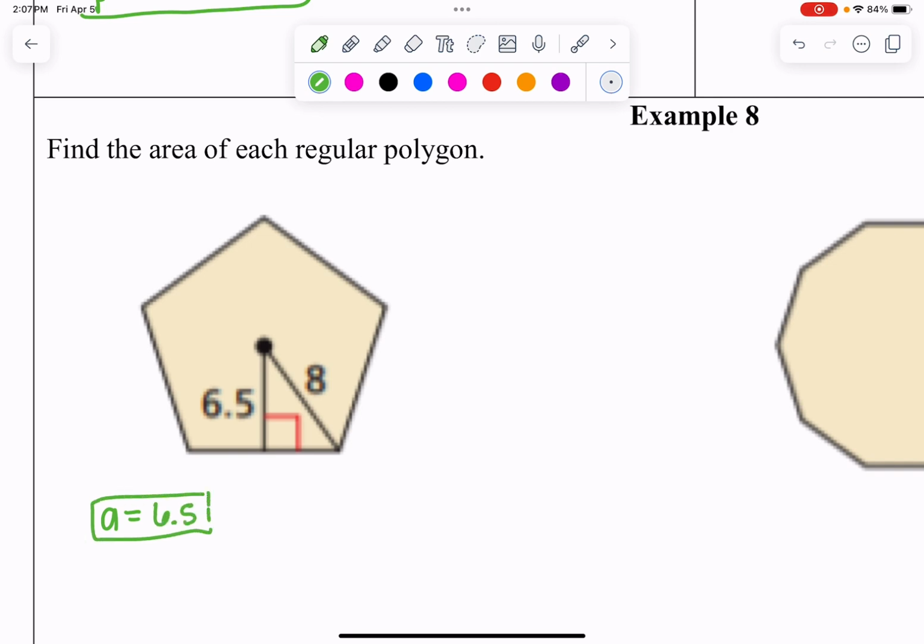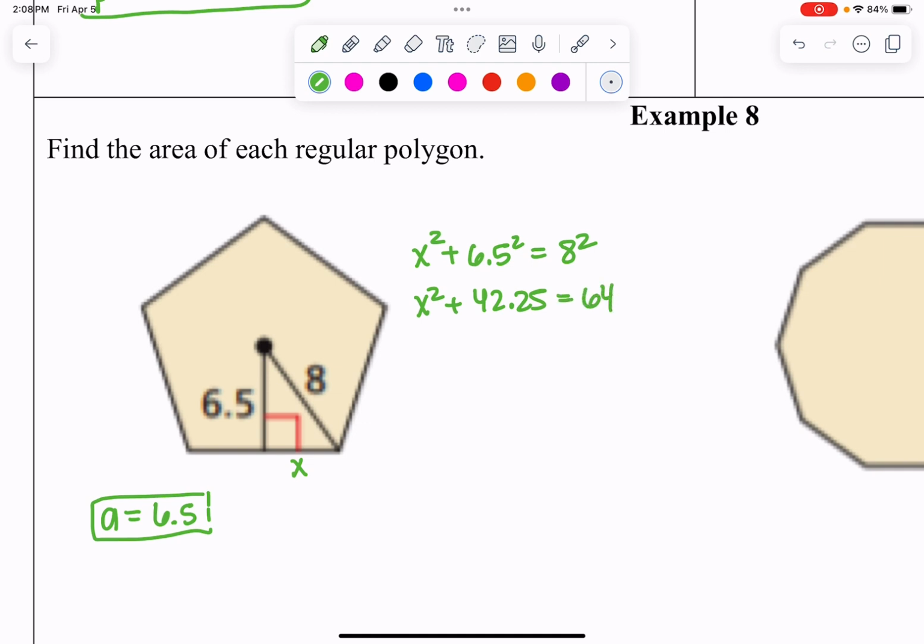And if I have two sides of my triangle, I just want to find my third side. So I'm going to call that x, and I can use the Pythagorean theorem. So I'm going to take x squared plus 6.5 squared is equal to 8 squared. And so I've got x squared plus 42.25 is equal to 64.